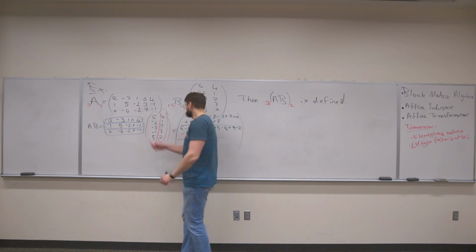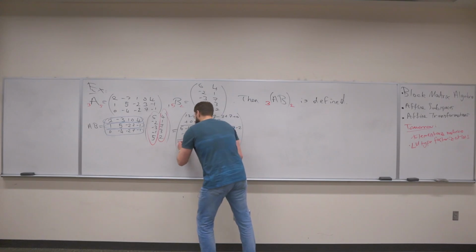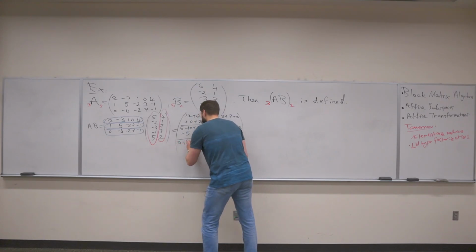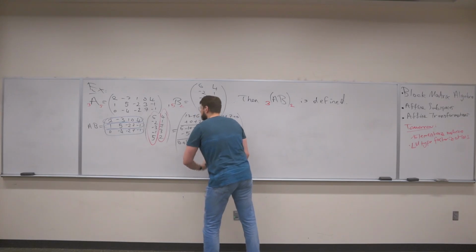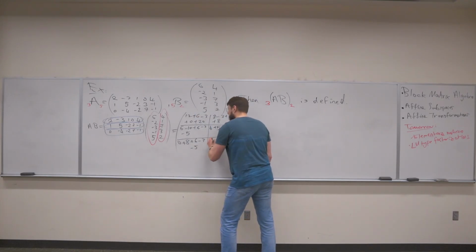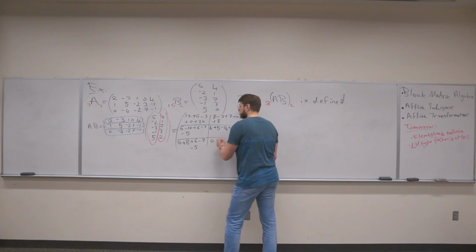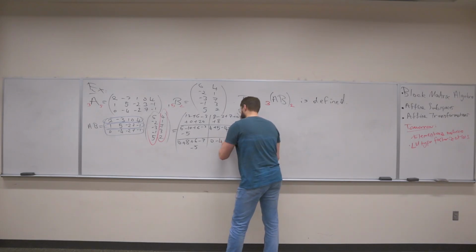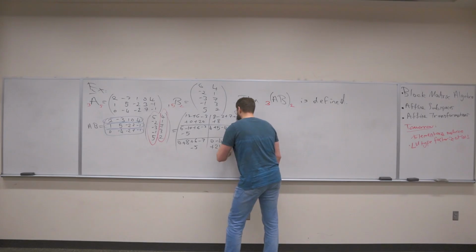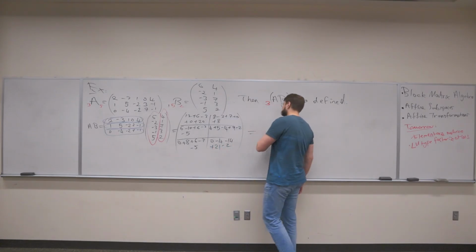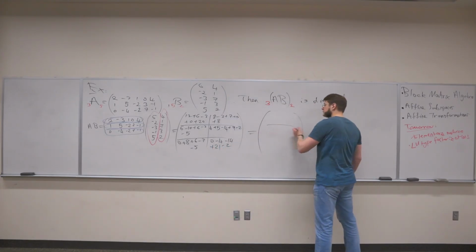This one, 0 plus 8 plus 6 minus 7 minus 5. And then this one finally is 0 minus 4 minus 14 plus 21 minus 2. Okay, let's consolidate everything and keep the shape.